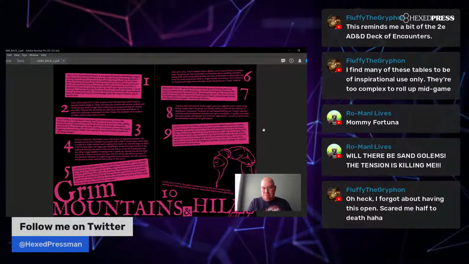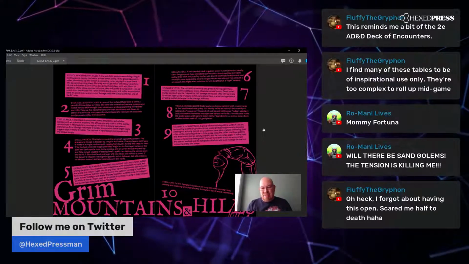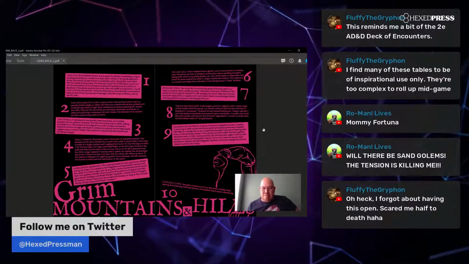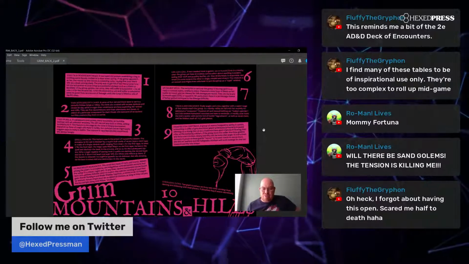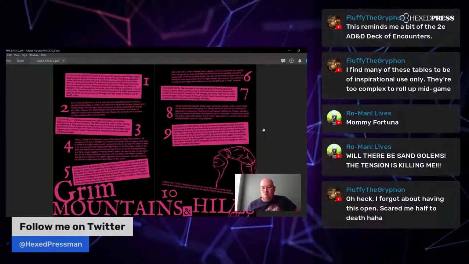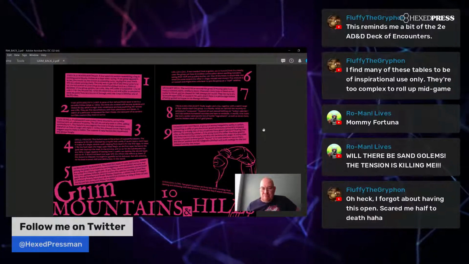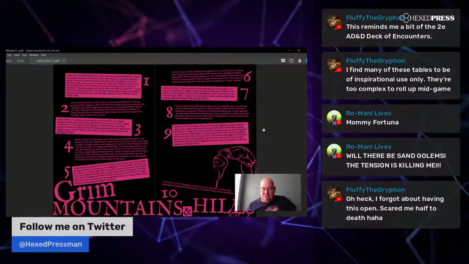For each attack, there is a percentage chance of being spit out equal to the damage inflicted. Okay, so I'm assuming that means if you were to roll a 6 on the dice, you would have a 6% chance of being ejected out.